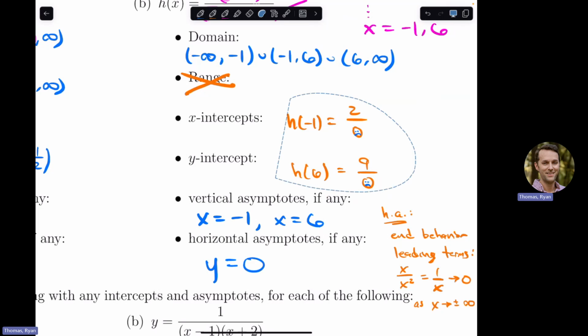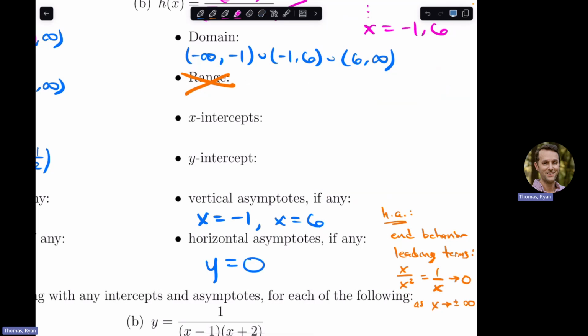That leaves the intercepts. How do you find an x-intercept? Let y be 0.